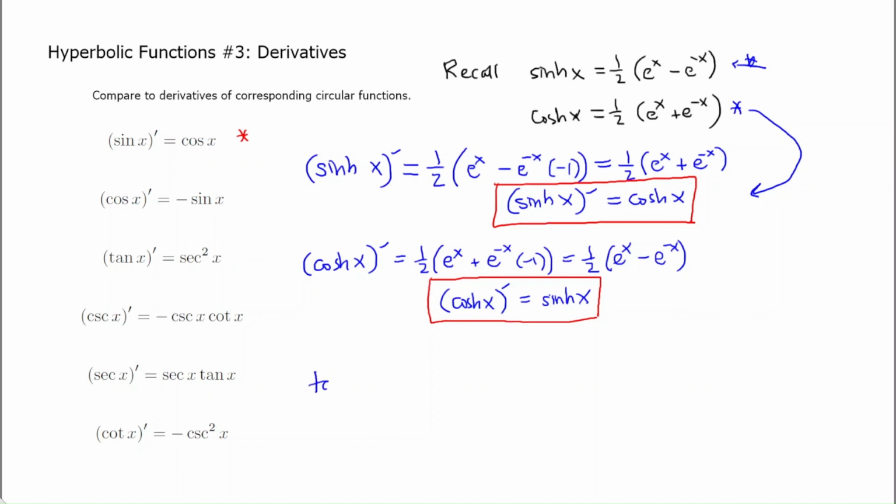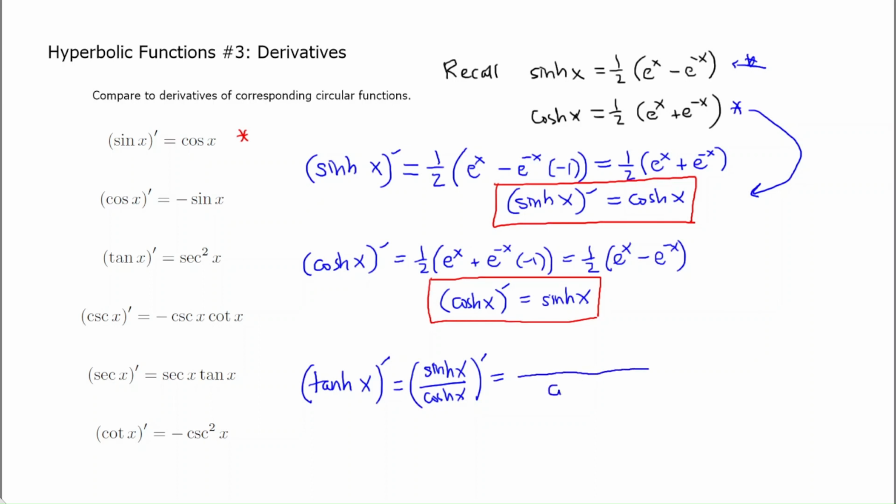Now let's consider the hyperbolic tangent function. In this case, I don't want to go back to the exponential definition. I want to remember that a tangent, whether it be circular or hyperbolic, is a sine over a cosine. And what we're going to do now is use properties of the derivatives of the hyperbolic sine and hyperbolic cosine. So we have a quotient here, so let's use our quotient rule for finding derivatives.